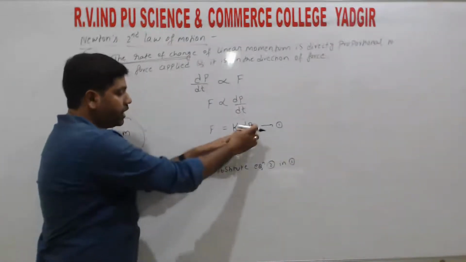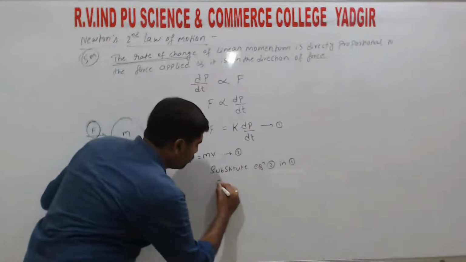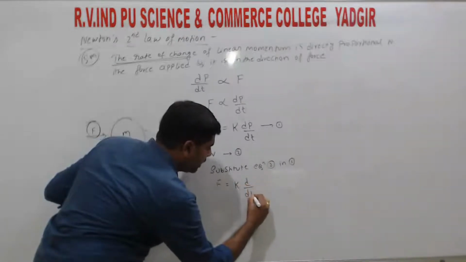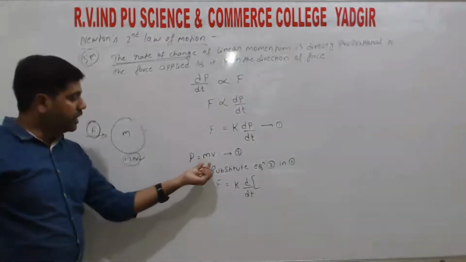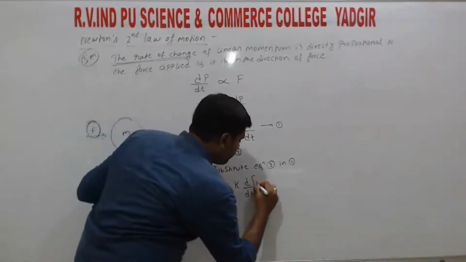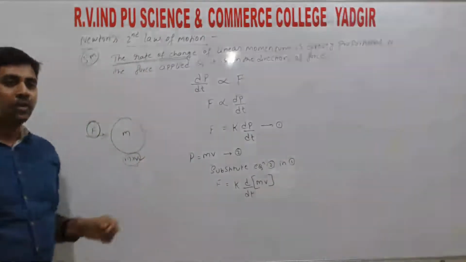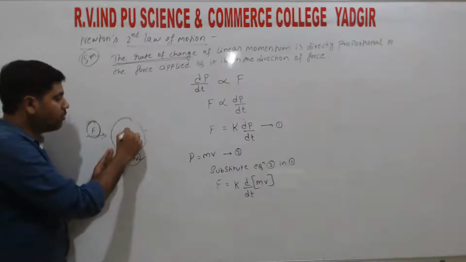Wherever we have p, we need to substitute it as m into v, right? So force F is equals to constant k d by dt. So in place of momentum we need to substitute mass into velocity, right? M into v. So if I consider any one object, it has some mass, right?